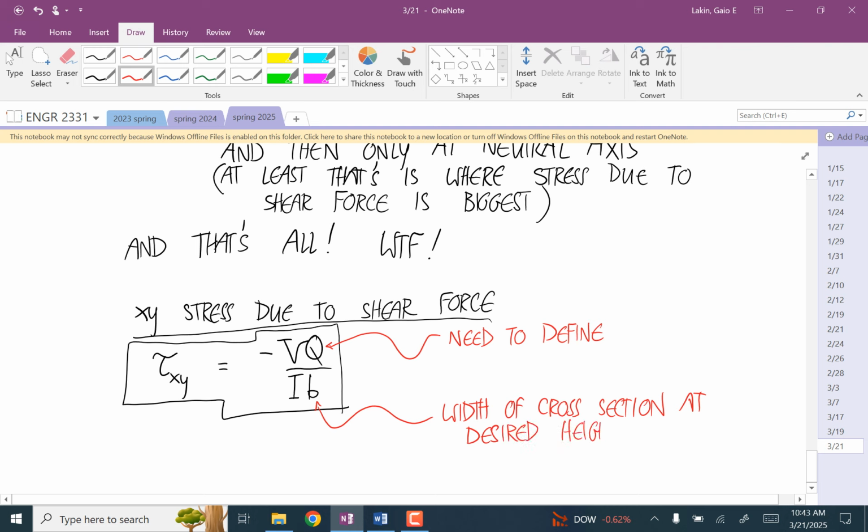But here's the definition. I think the easiest way to define it is just with a picture. So let's say that's our cross section, and this is the neutral axis.